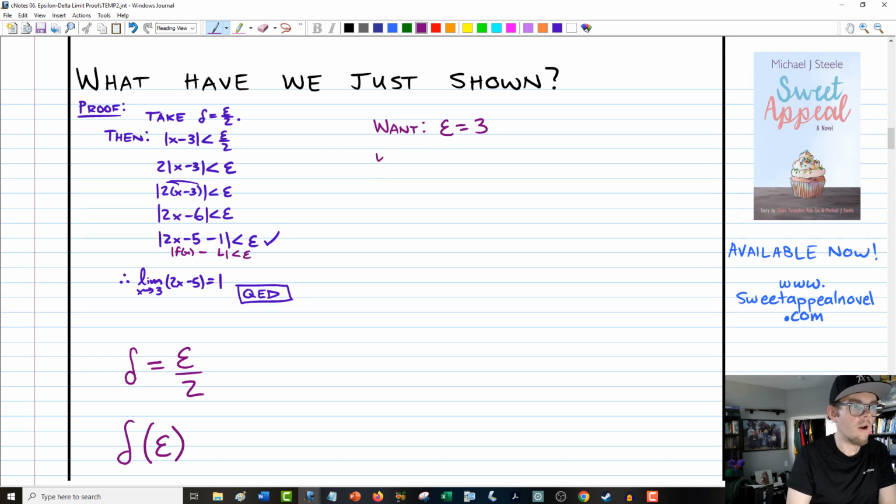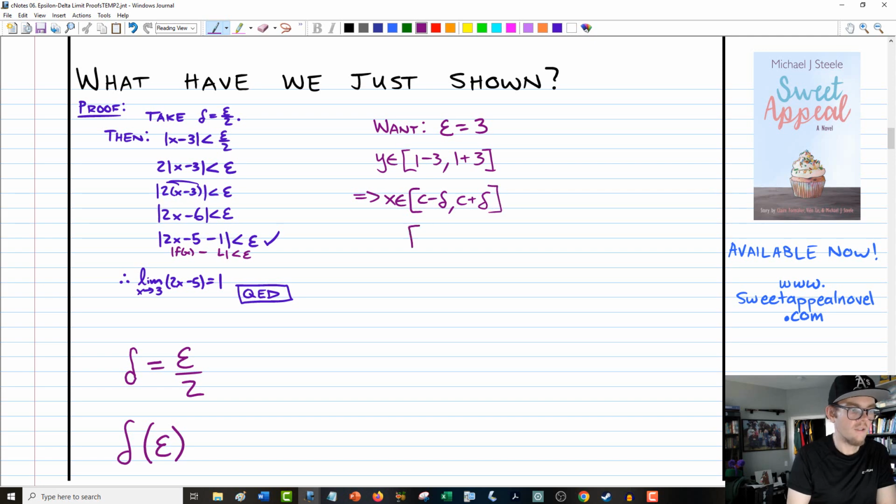So in other words, we want all of our y values to be in the interval (1 minus 3, 1 plus 3). According to our connection, we need to take delta to be epsilon over 2. That means in our x direction we are going to be in (c minus delta, c plus delta).